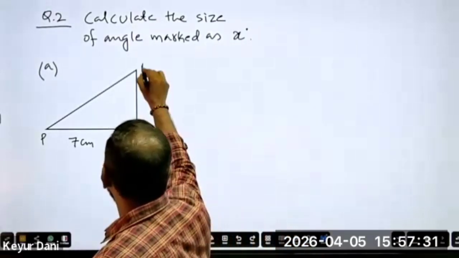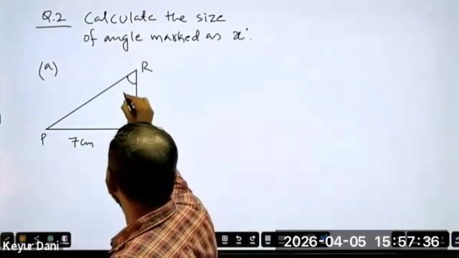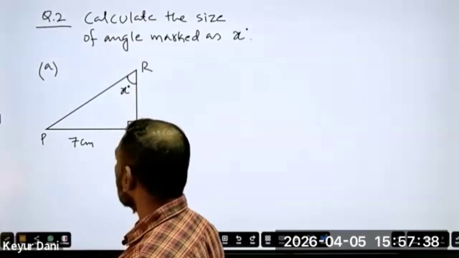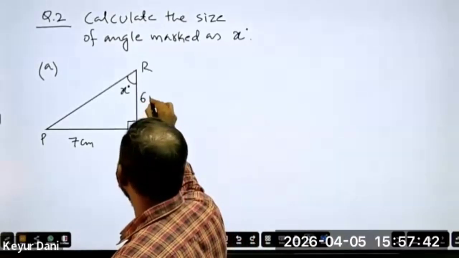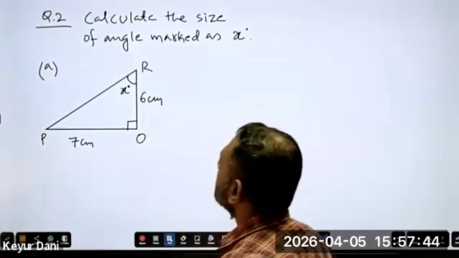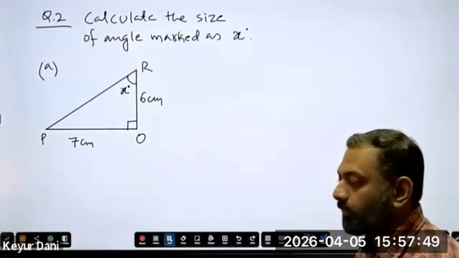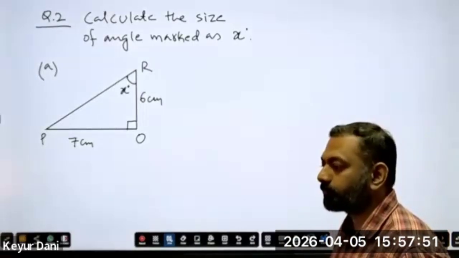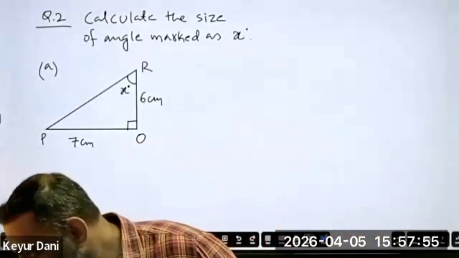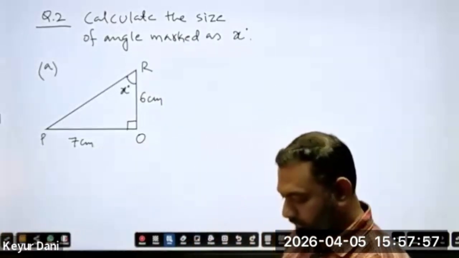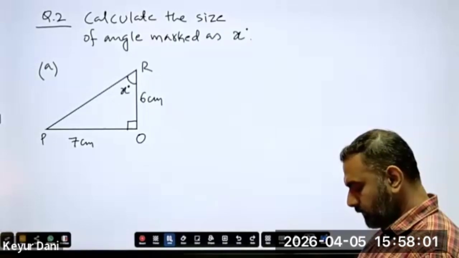ORP, this angle is x degrees. And OR is given to you as 6 centimeters. Now find x. Correct.